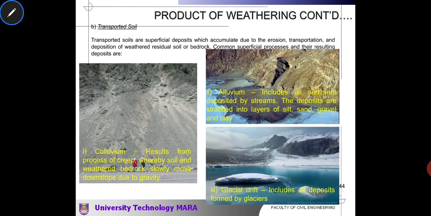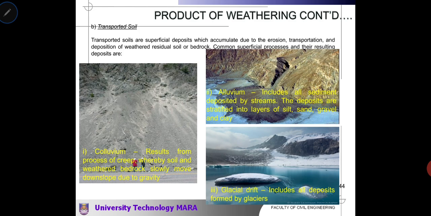So, next is transported soil. To contrast residual soil and transported soil, residual soil is not going anywhere. Transported soil undergoes some movement, and at the end the soil settles in one particular area, and that is what we call transported soil.